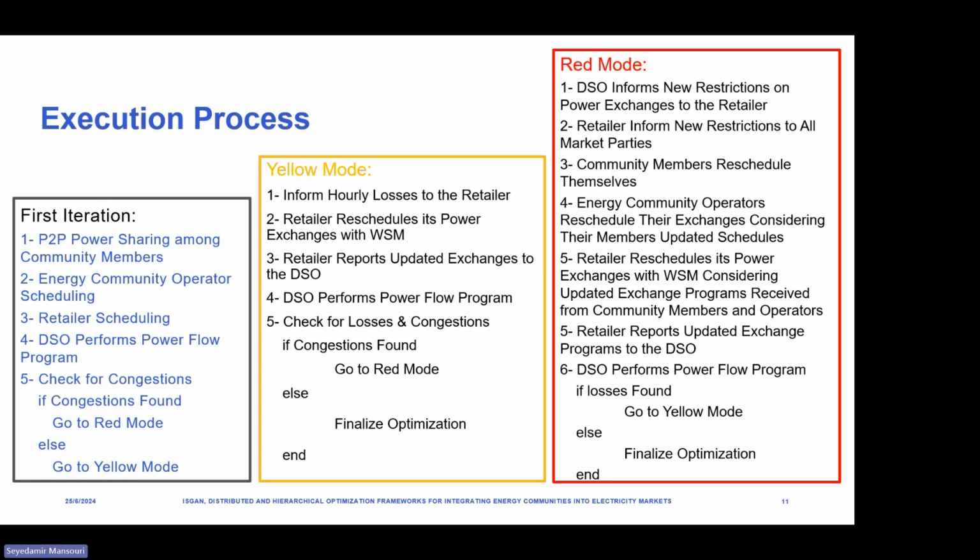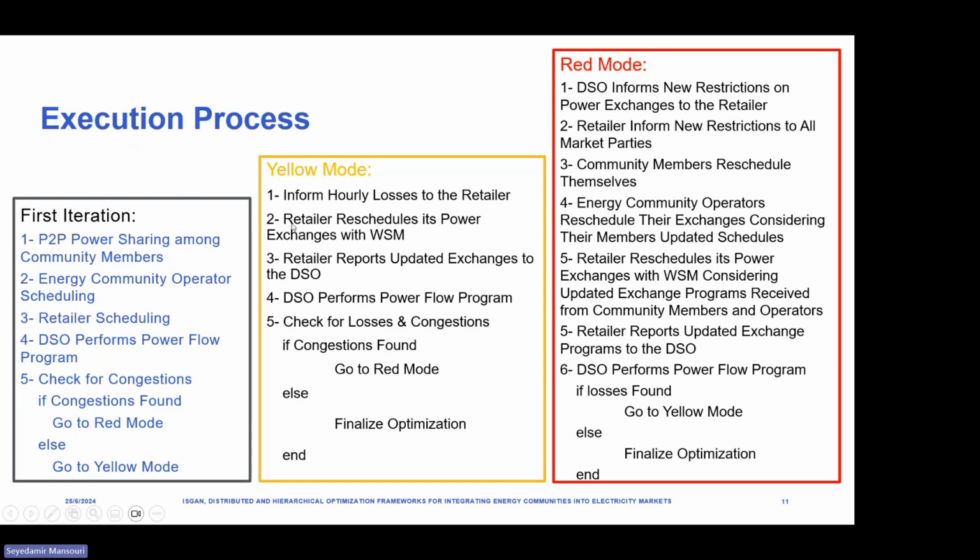So the DSO is going to inform the retailer about the power losses, so the retailer can reschedule its transactions with the wholesale market, purchasing more power from wholesale to compensate for these losses. And here in yellow mode, the DSO informs hourly losses to the retailer.